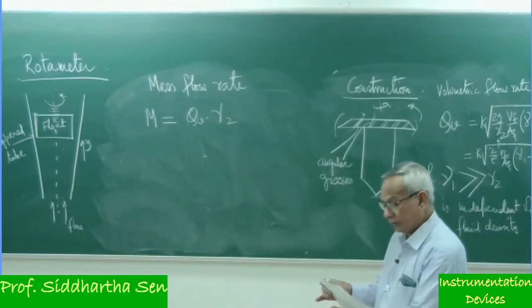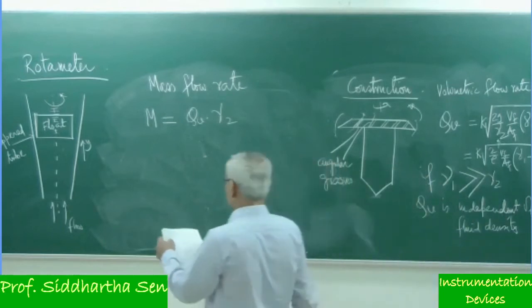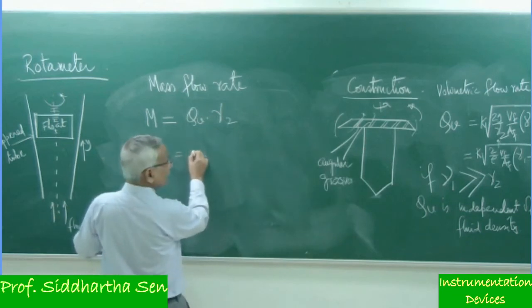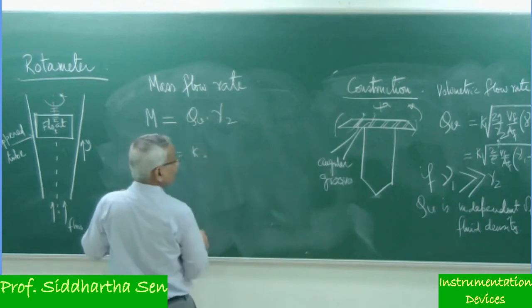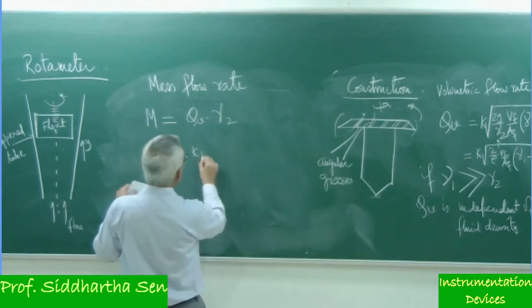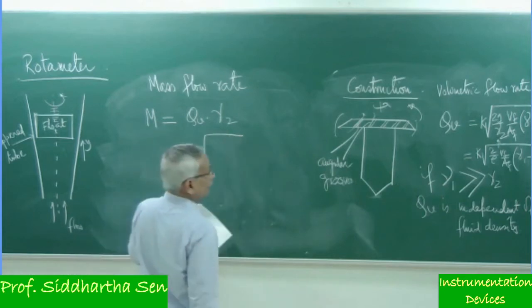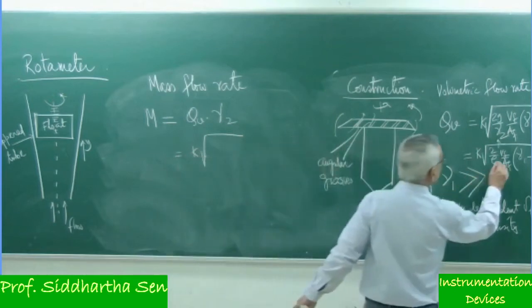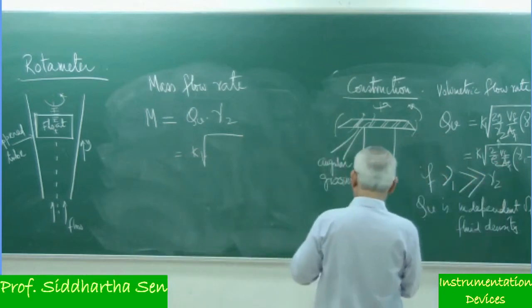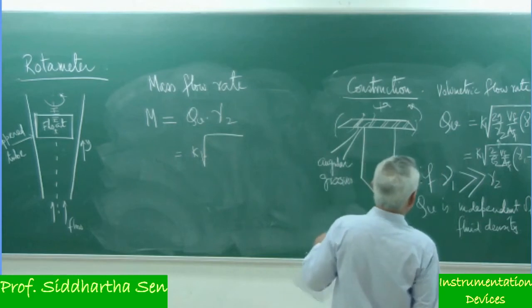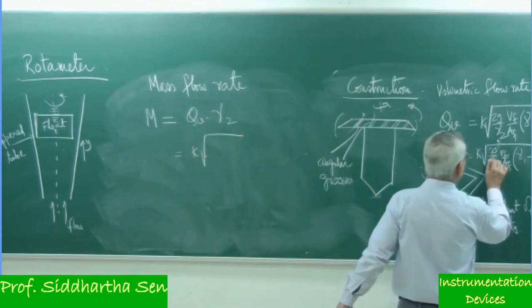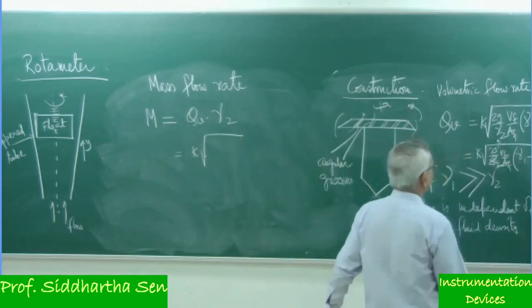So, this is equal to K into 2 by rho Vf, and I put it like this, 2g by gamma 2, put back gamma 2 there.